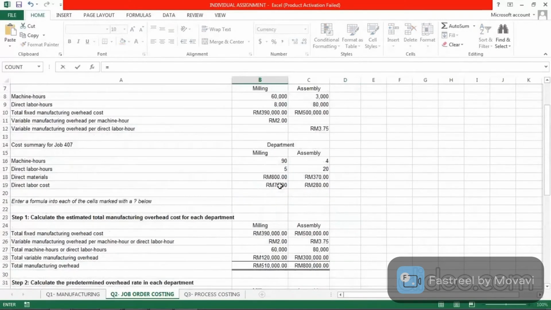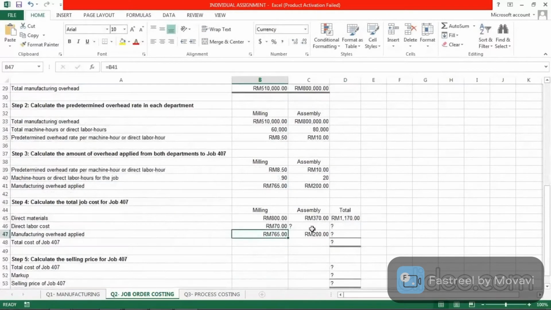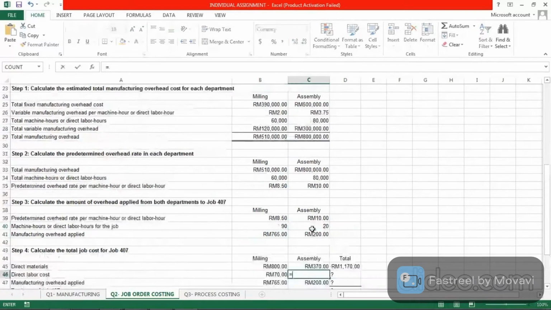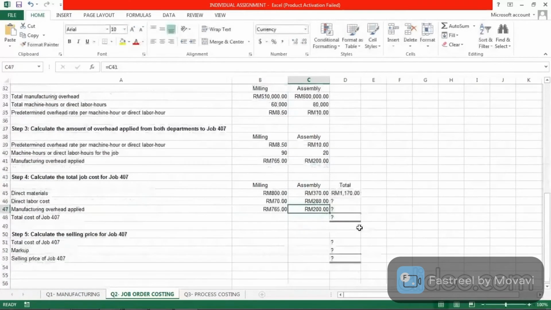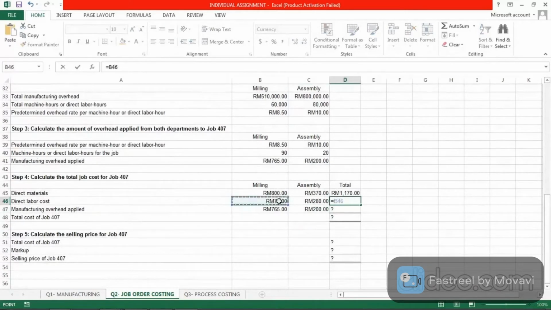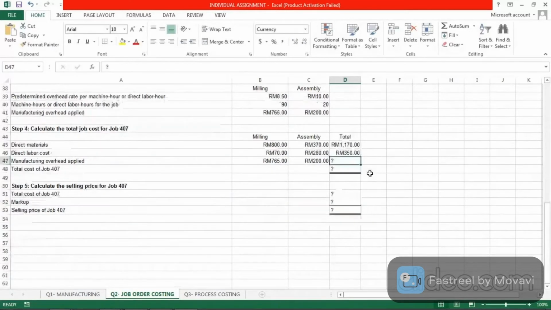Direct labor cost, 70. For assembly, direct labor cost is 280. Total, 350. Then here 965.